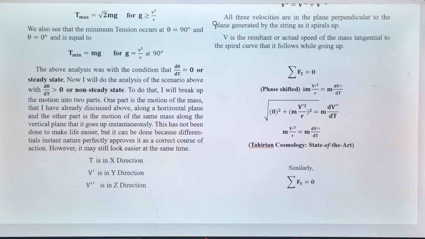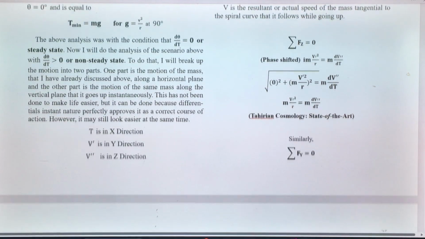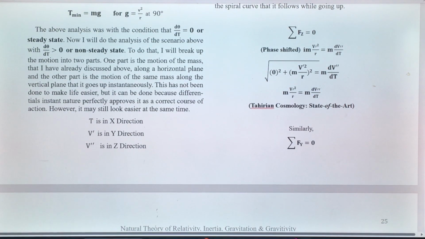Now this force does not have any other force in its direction before, so its magnitude will be found by considering any real portion as 0. So 0 square plus m prime square r whole square is equal to. So you see how we get the same force, because there is already no force acting in that direction, and it acts as a couple.